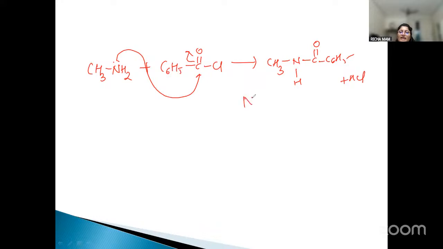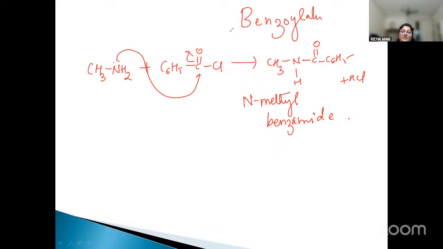So this is N-methyl benzamide. Okay, N-methyl benzamide. And this reaction is called as what? It is called benzoylation. It is undergoing benzoylation. So you're adding a benzoyl group. So it is a benzoylation reaction.